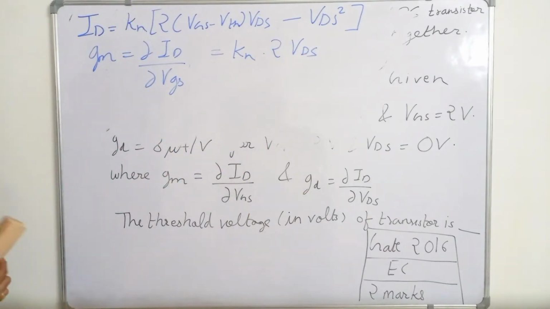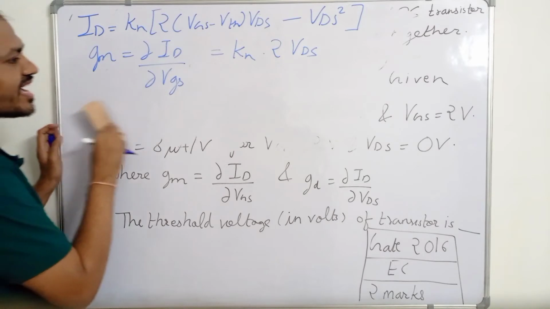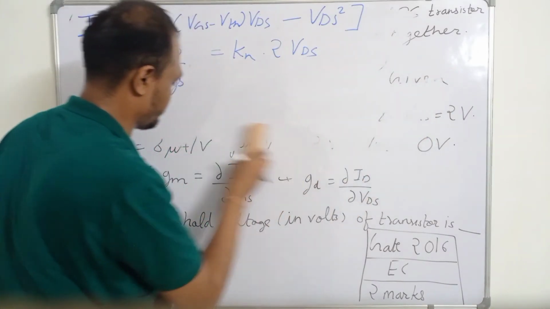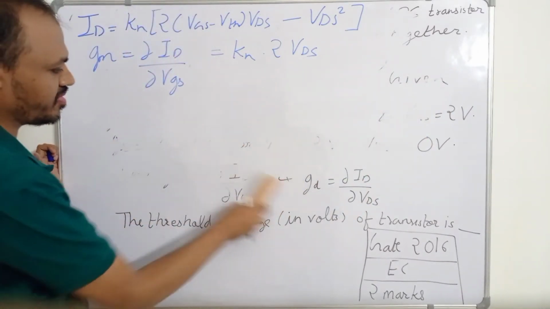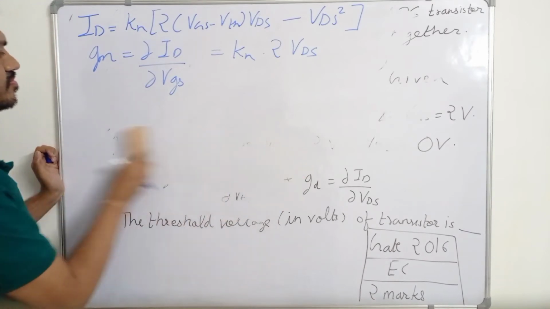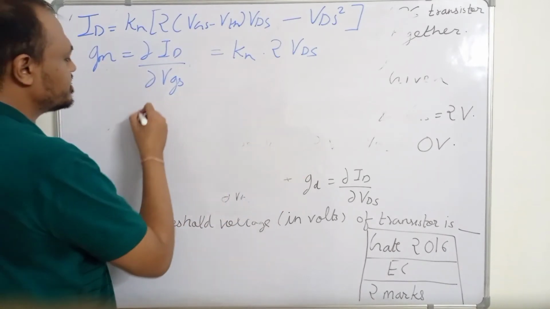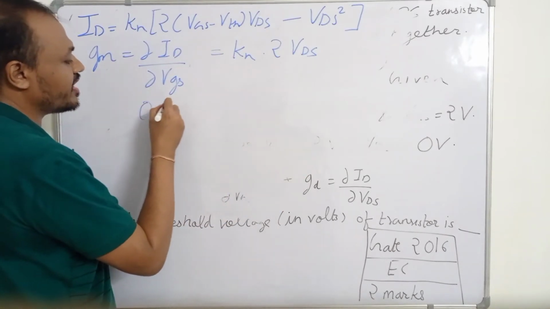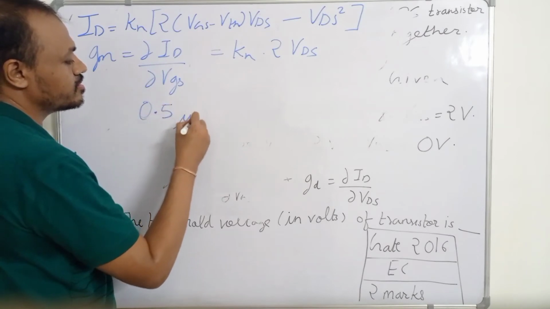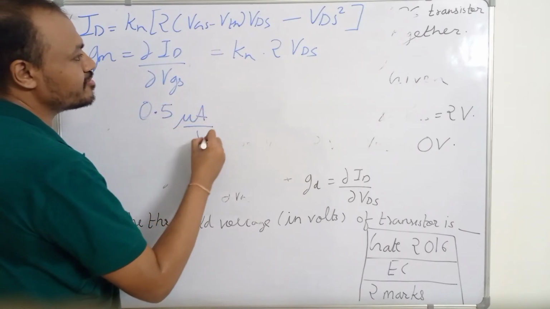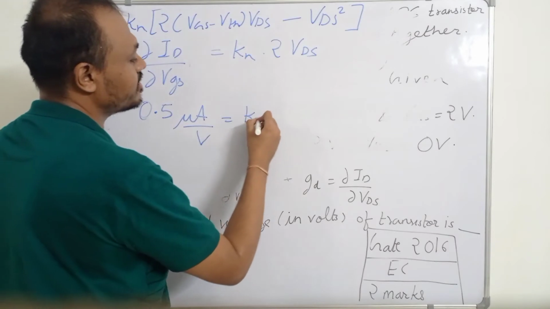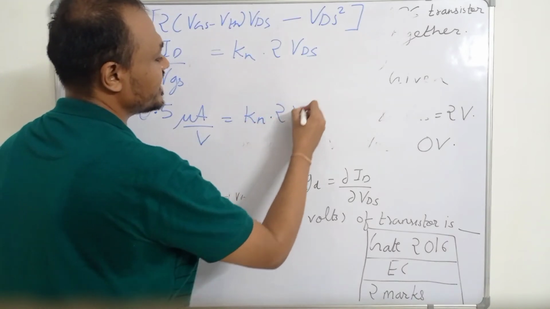GM was given as 0.5 microampere per volt. So we can write 0.5 microampere per volt equal to Kn into 2 VDS.